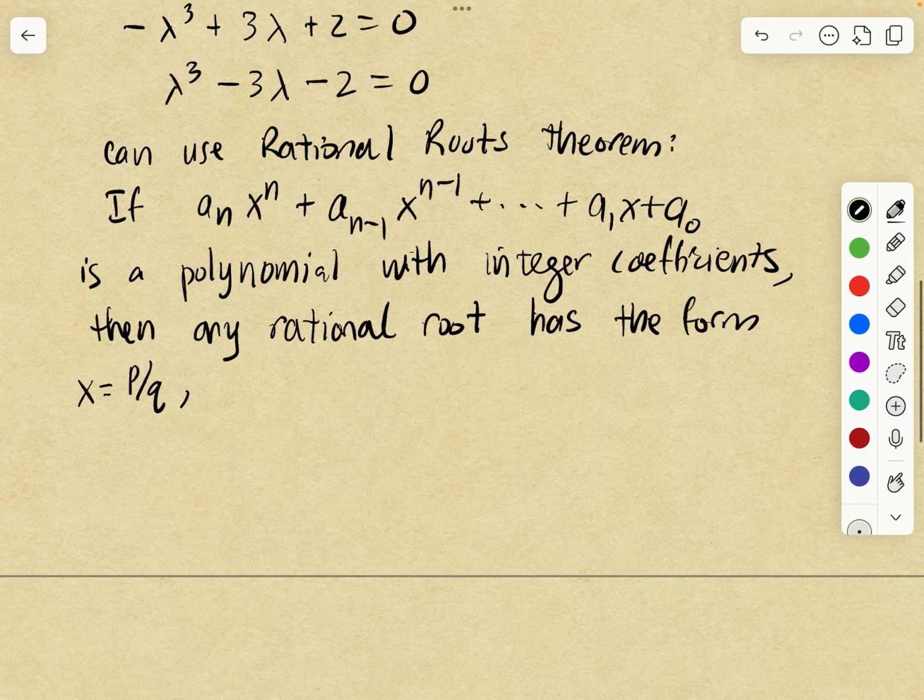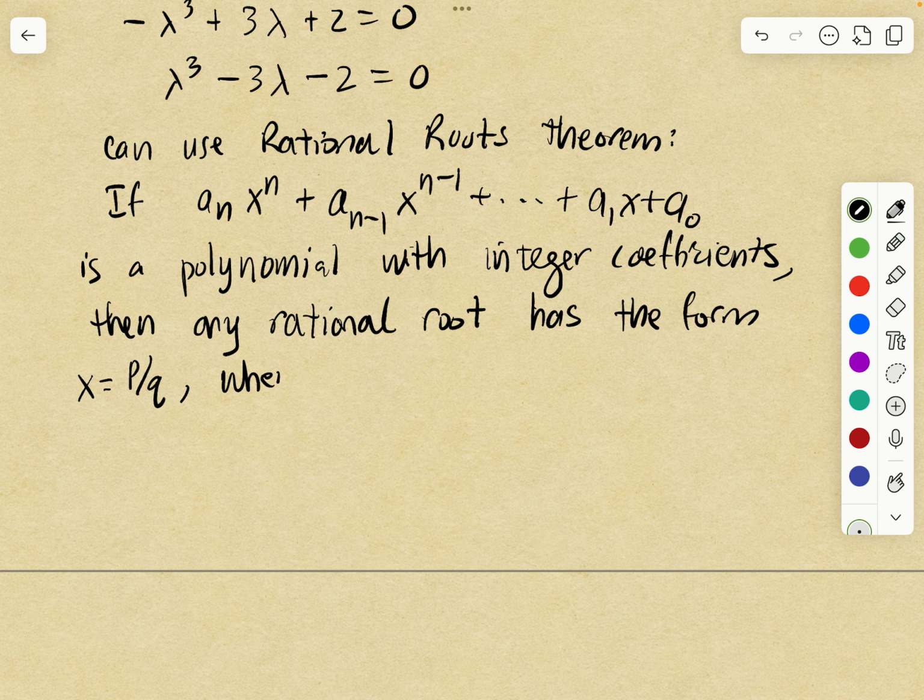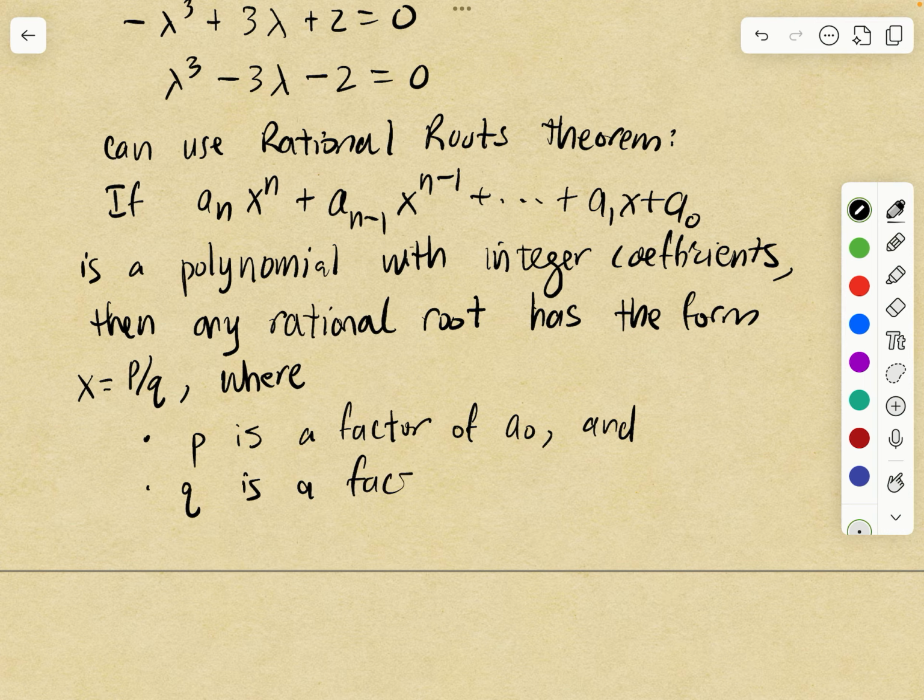Well, that just says it's a rational number, but p and q have to satisfy a few properties. p has to be a factor of a_0, and q has to be a factor of a_n.